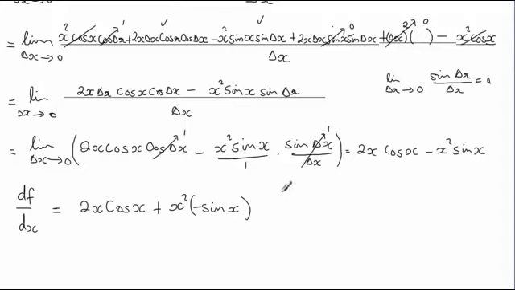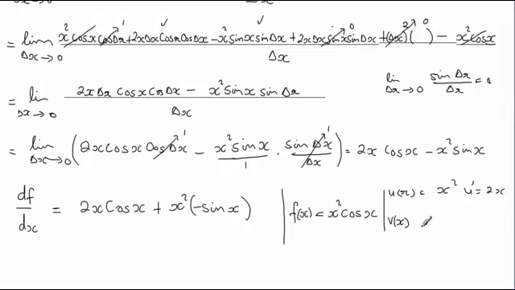Now, let's see where we started. We started with f of x equals x squared cosine x. Note that we've got two functions there. You can say one function is u of x equals x squared, and you know its derivative u prime is 2x. The other function is v of x equals cosine of x, and the derivative v prime is equal to minus sine x.